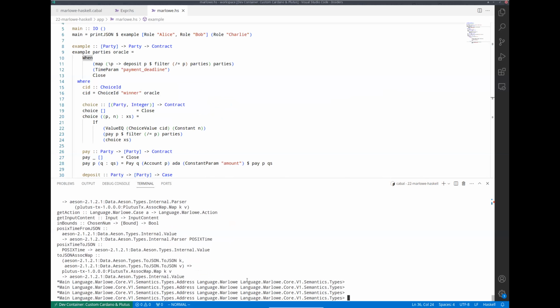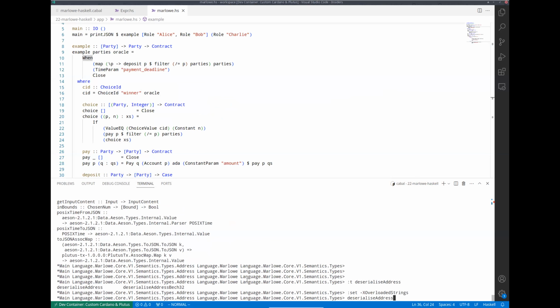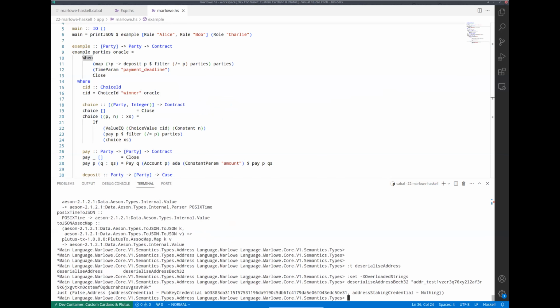So we have deserialize address bech32, and now if I need overloaded strings for that, now I can do deserialize address bech32, and I can paste this address in, and there it is. So that was Robertino's address. Okay, so that I can do.